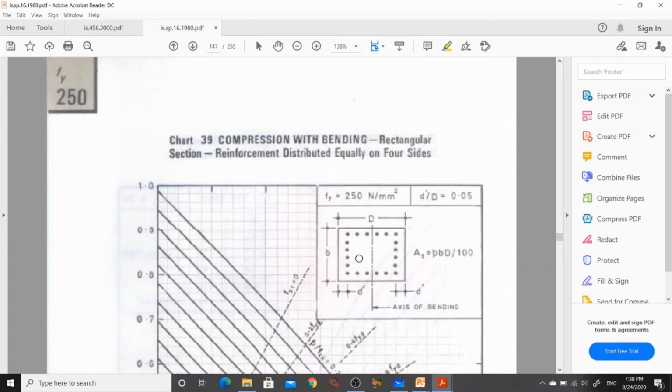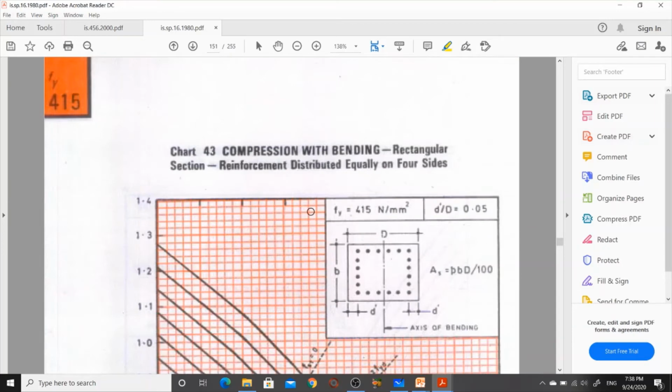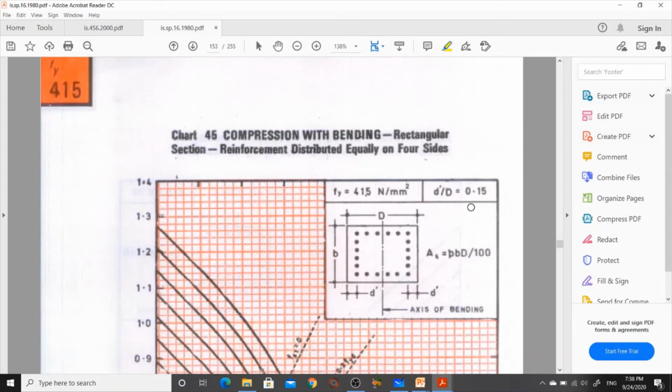But check the value of Fy. Fy is 415, and d dash by D is 0.15, sorry, not 0.05.